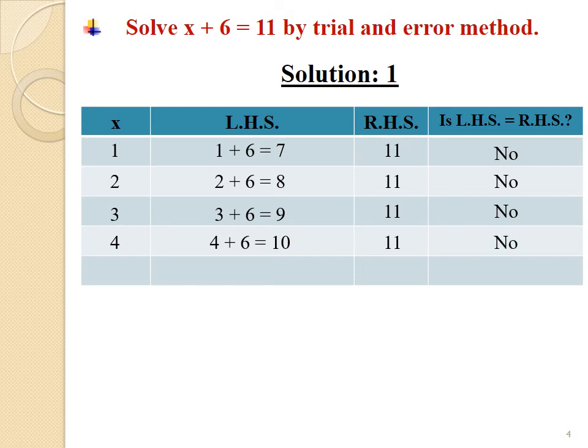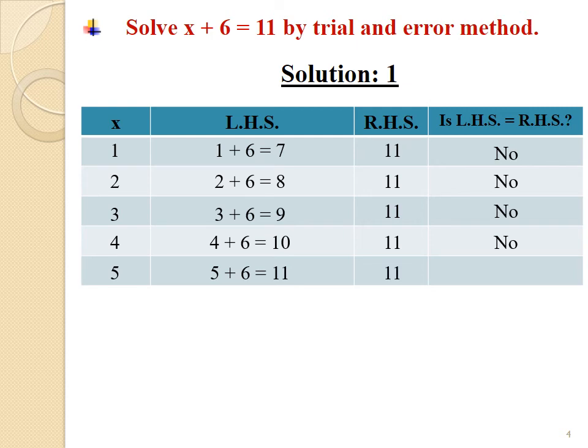Now, let us take the value of x as 5. Now, let us write 5 in place of x and add 6 to it. Thus, adding 5 to 6, we get 11. On right hand side, 11 is there. So, we have to write 11.